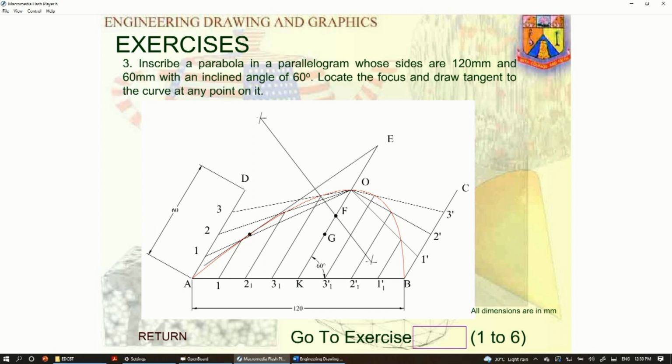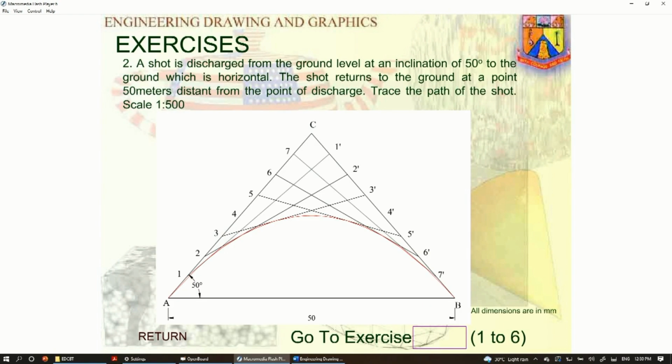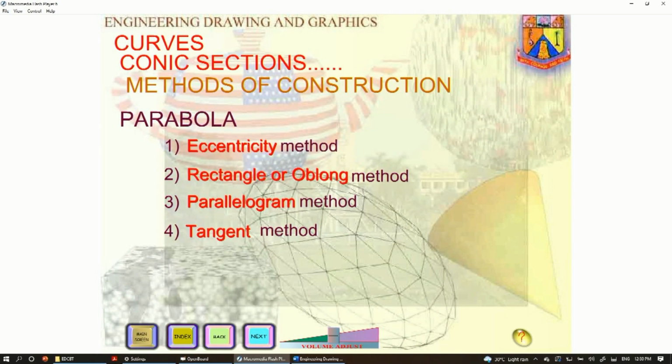By that we construct the parabola. Then there are two tangent methods. With the help of these principles we construct a parabola, but in this session we look only at one method, the eccentricity method.